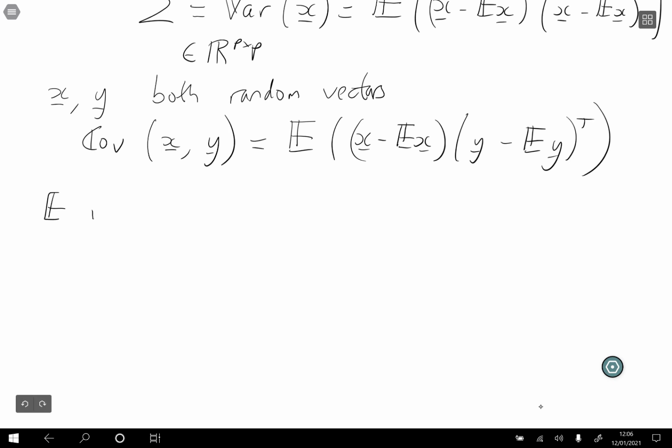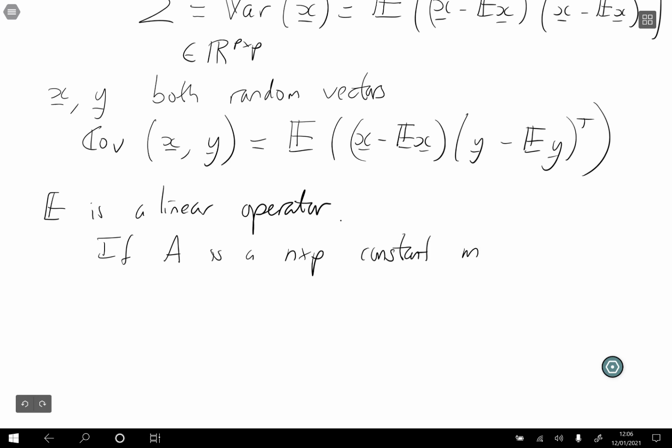So recall that expectation is a linear operator. So if A is a constant matrix, and I suppose it's an m by p constant matrix, then the expected value of A times x is just A times the expected value of x.